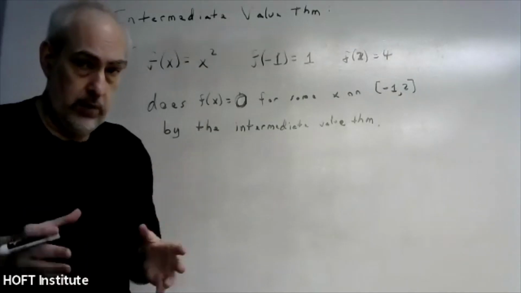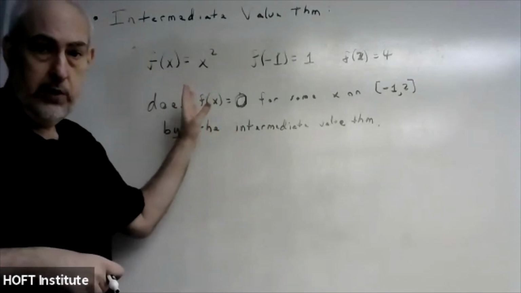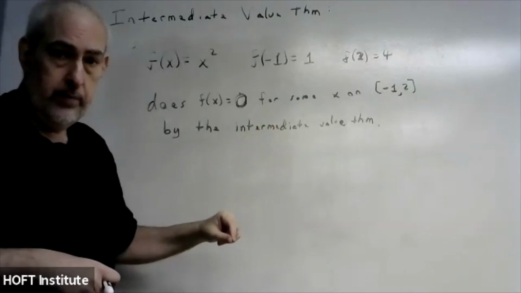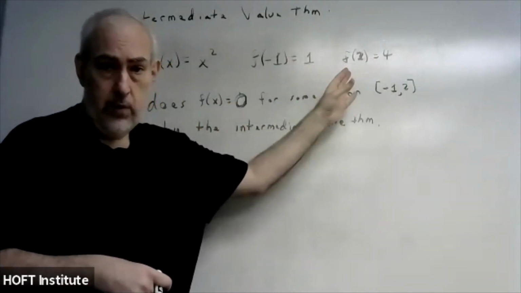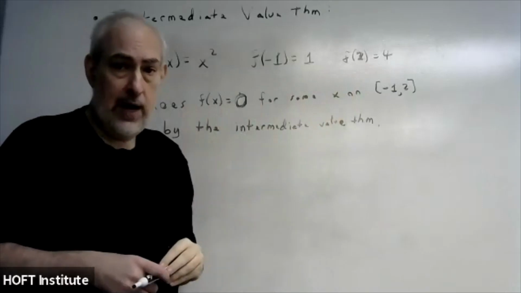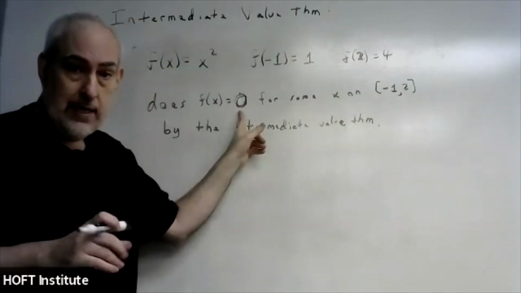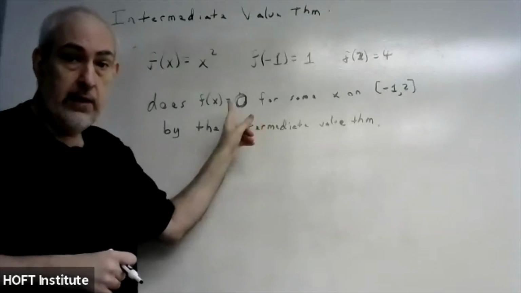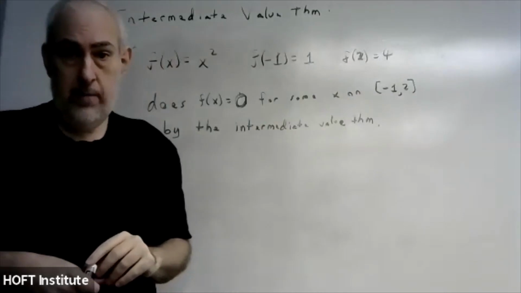Because in order to use the intermediate value theorem, your function has to be continuous, which it is over the interval -1 to 2. f of a and f of b have to exist, 1 and 4. But here's the key thing, your value L, which is 0, has to be between f of a and f of b. 0 is not between 1 and 4.